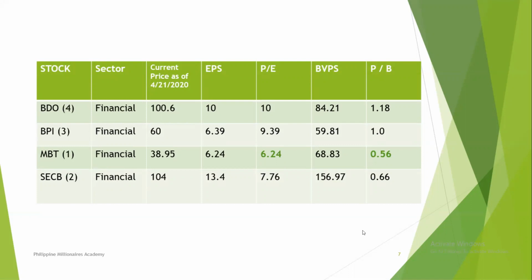So as a general rule, the lower the PE and PB ratio is, the better and the cheaper the stock is. And a rule of thumb most widely used in the stock market is that when the PE ratio of a company is less than 10, that means the stock is underpriced.